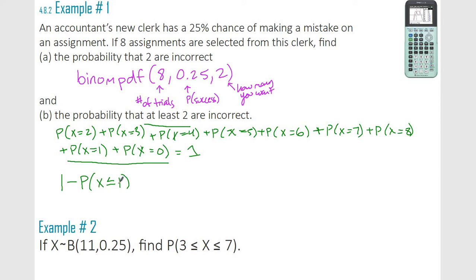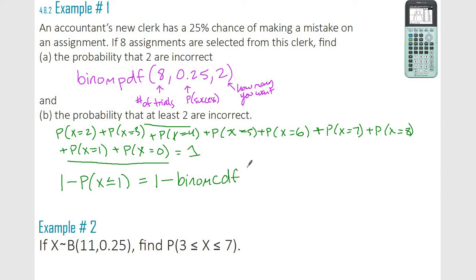What's great is we can actually use our calculator again to calculate this value. When we have an inequality, we're going to use CDF. So we do 1 minus the binomial CDF. That's an inequality.